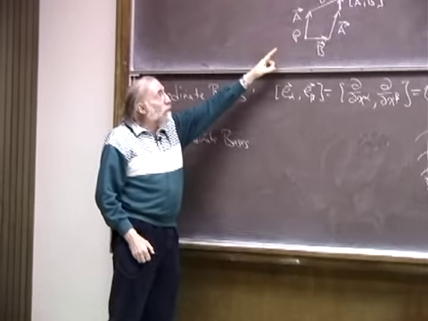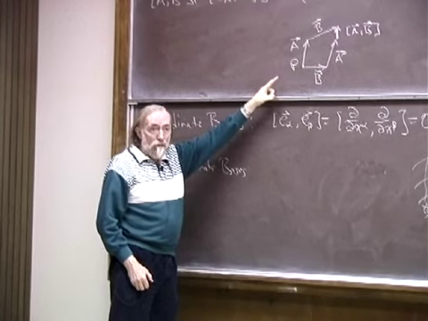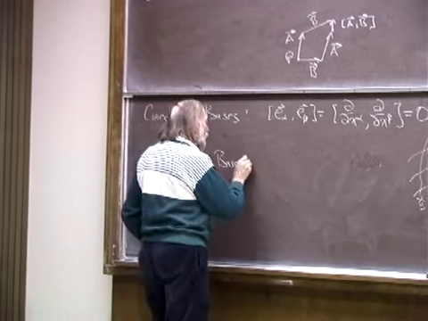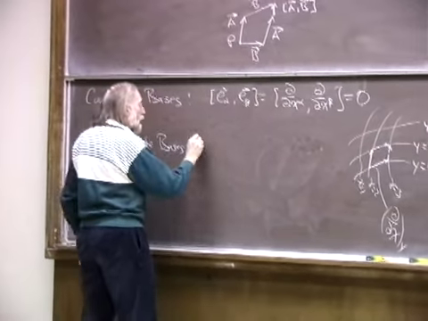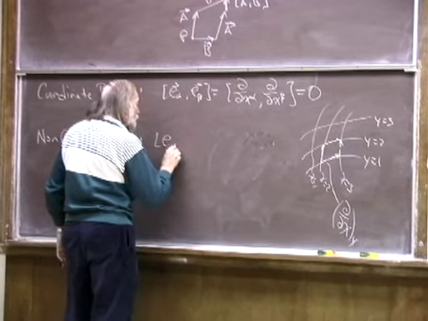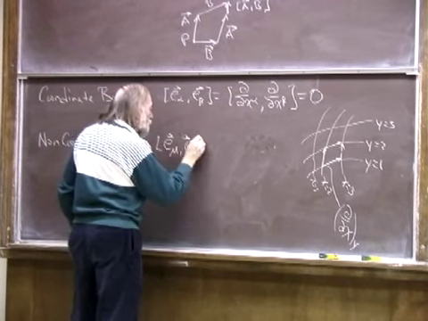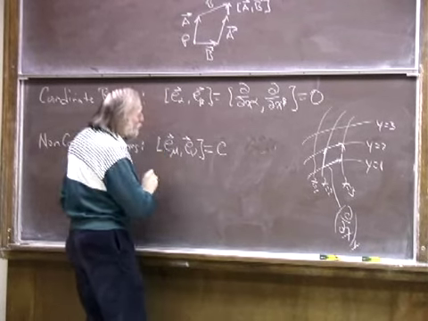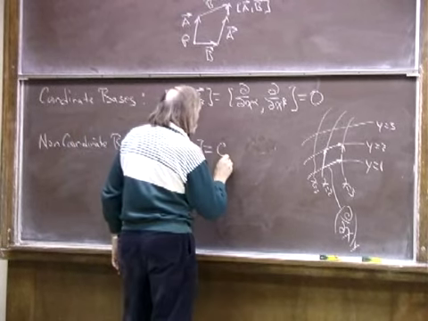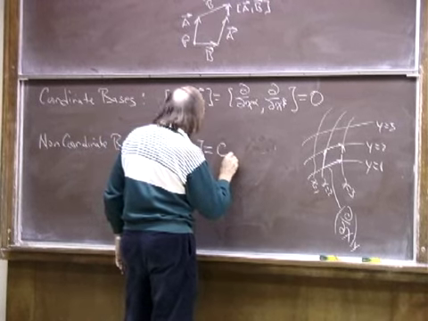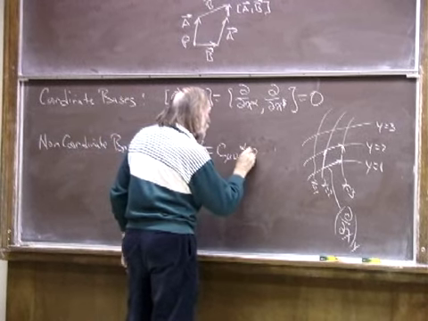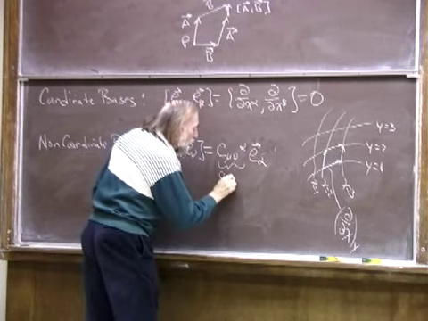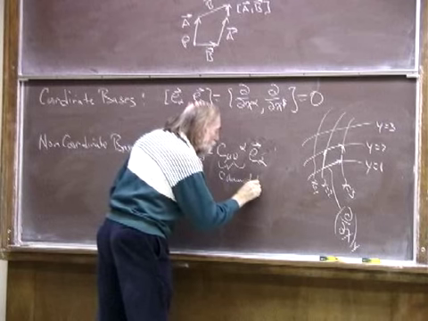Whereas in general, we will not be guaranteed closure. For non-coordinate bases, in fact, it will be true that the basis vectors will not commute, but the commutator will itself be a vector, and so it can be expanded in terms of the basis in this way, and the coefficients are called the commutation coefficients for this basis.